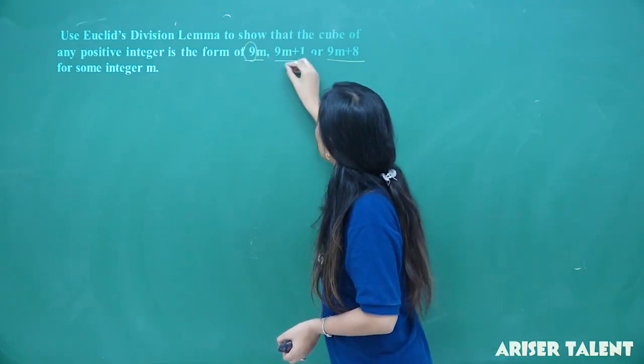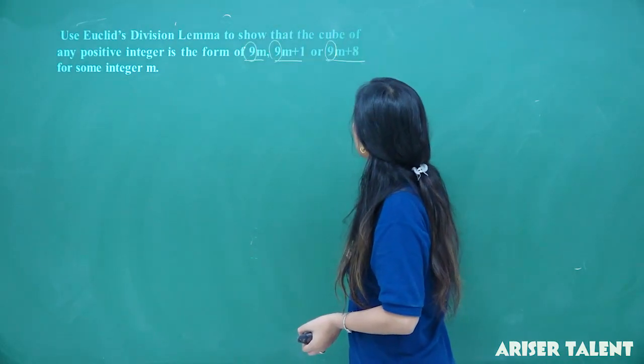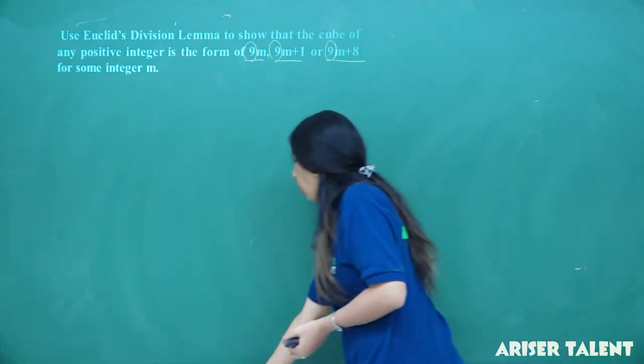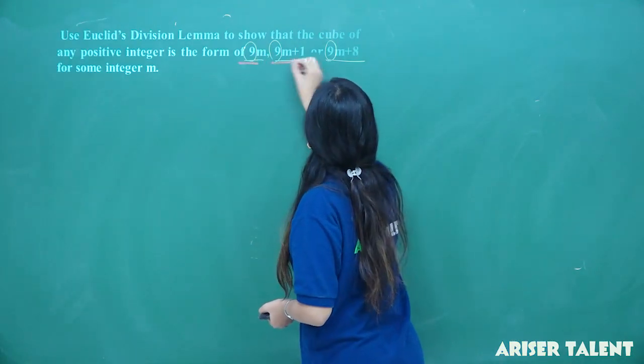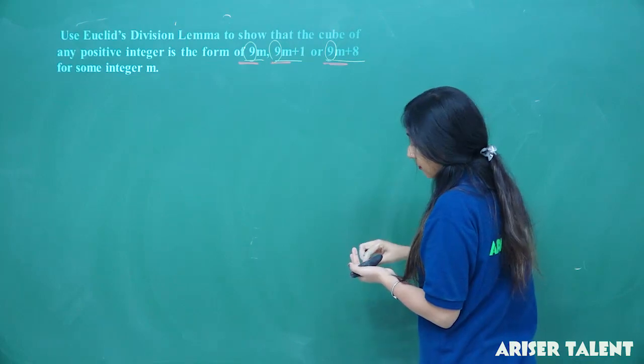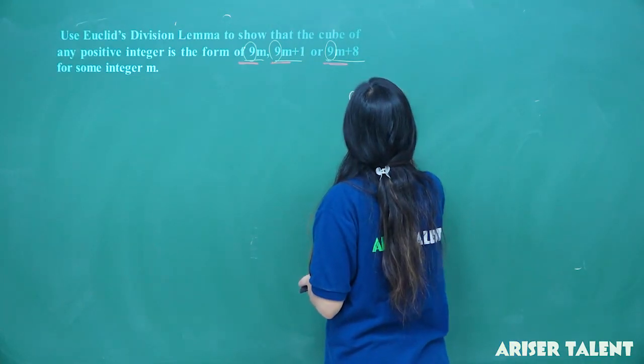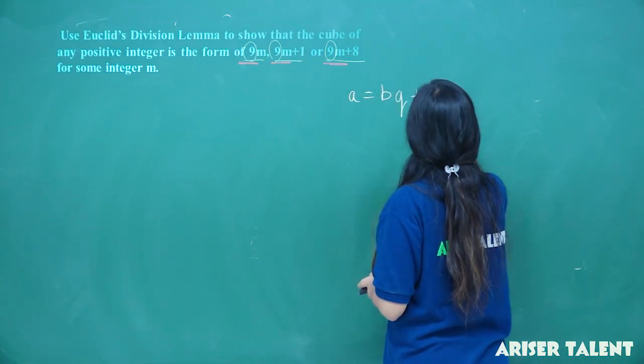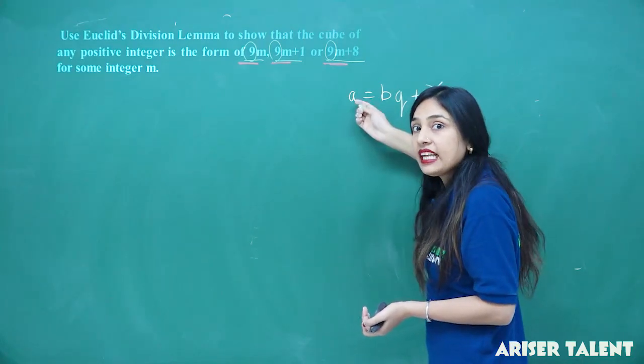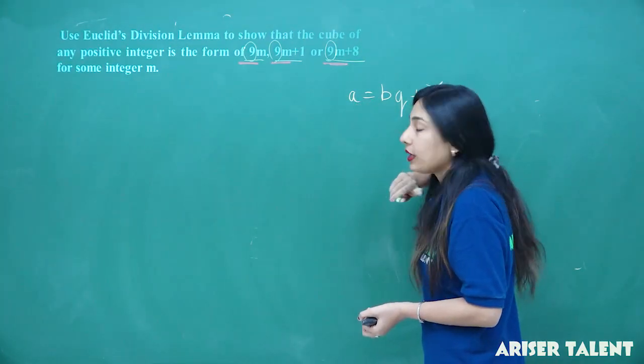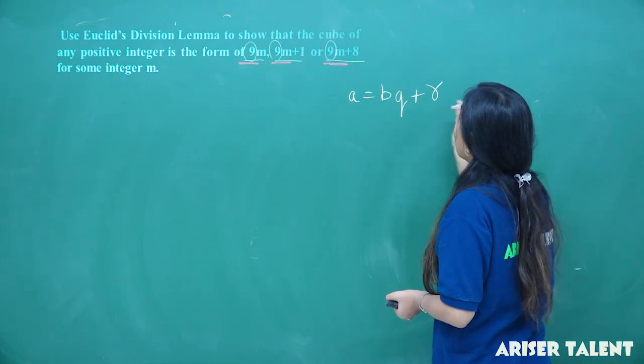Here 9 is common. So what? a equals bq plus r. I am giving you hints and then you have to do it yourself.